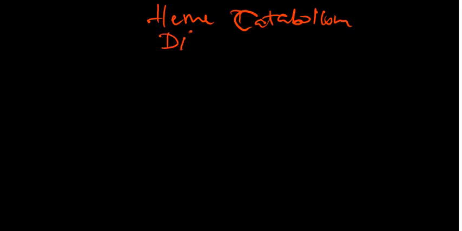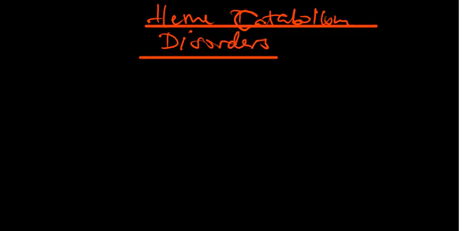So next up, we are going to look at heme metabolism disorders. Under this, let's look at the fate of the RBC. RBCs have a lifespan of 60 to 120 days.